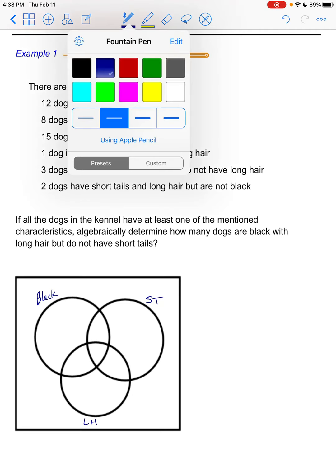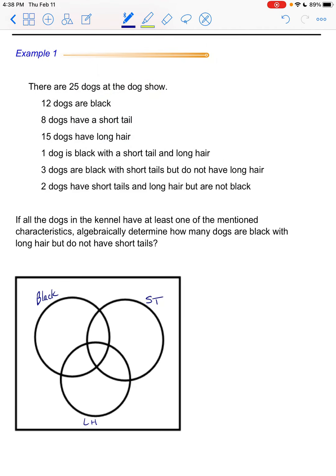So remember, the strategy for these problems is always to start with finding what's most restrictive, or starting in the middle of your Venn diagram and work your way out. Where's the most overlap? If we look at our statements given above, we have one dog is black with a short tail and long hair. 3 dogs are black with short tails but do not have long hair. 2 dogs have short tails and long hair but are not black.